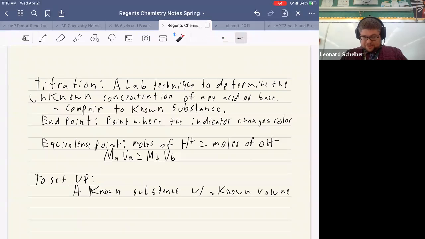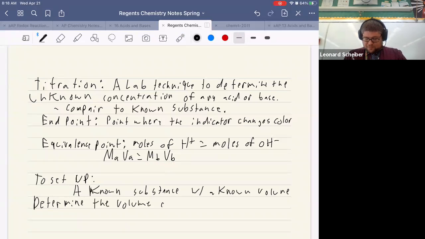So we want an M and a V, and then we determine the volume of unknown that is required to reach the endpoint.